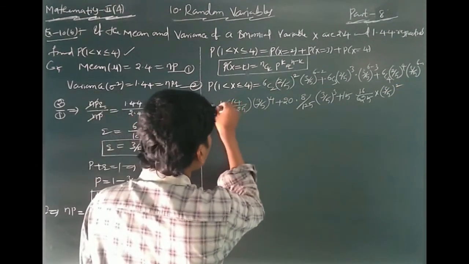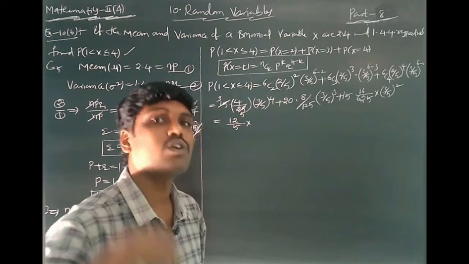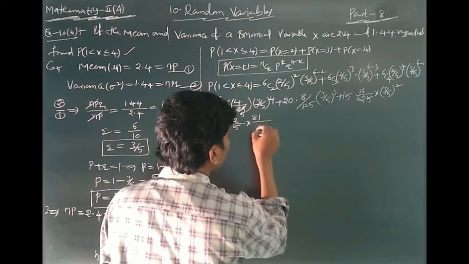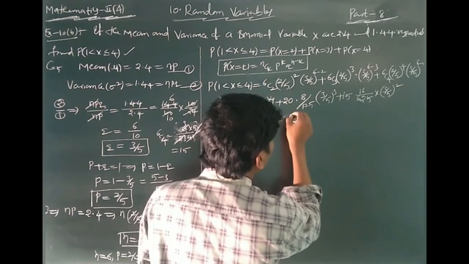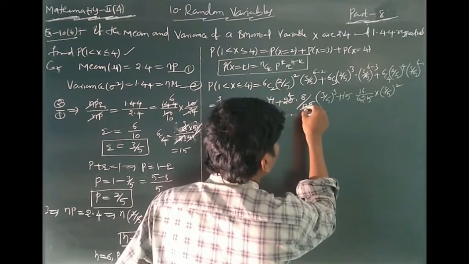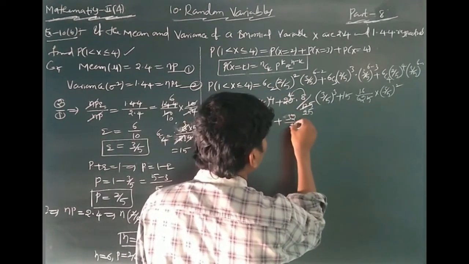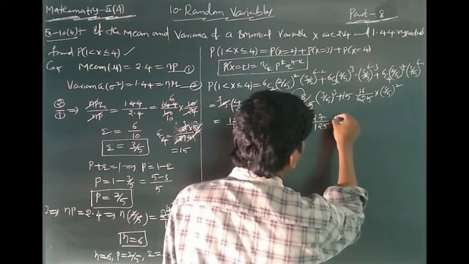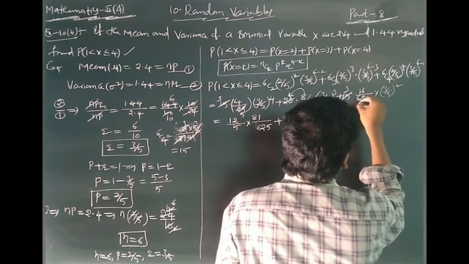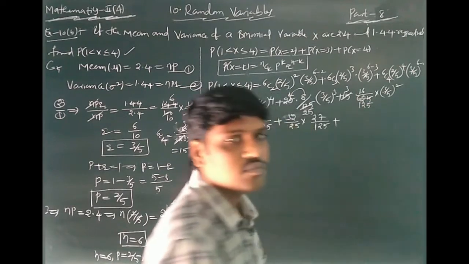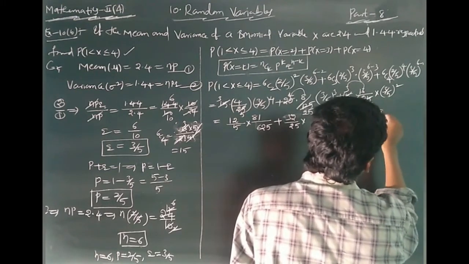After I simplify this, you get 15 into 16 by 625 into 3 power 4, that is 81, plus 20 into 8 by 125 into 27, where 3 cube is 27, 5 cube is 125, plus 15 into 16 by 625 into 9 by 25, with 3 square value 9 and 5 square value 25.